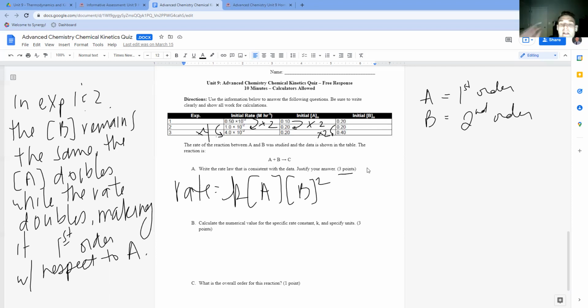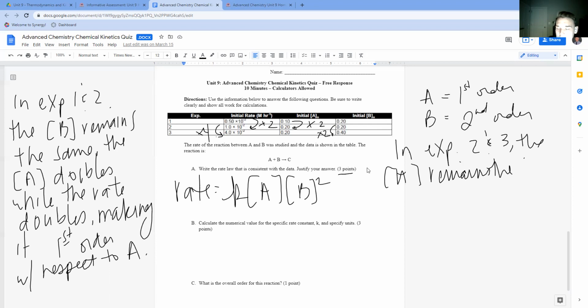Okay, so my other explanation. In experiments 2 and 3, the concentration of A remains the same.